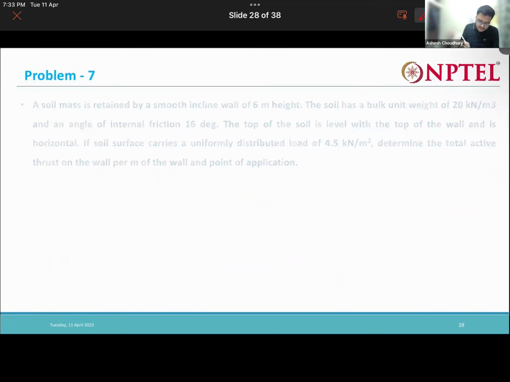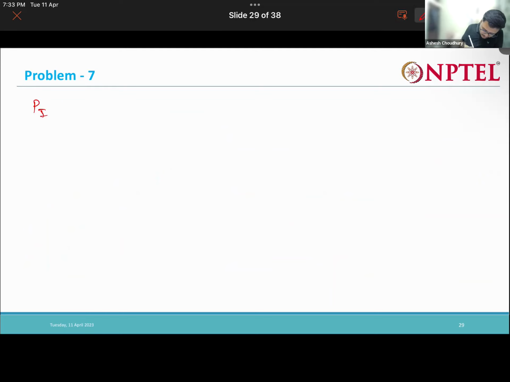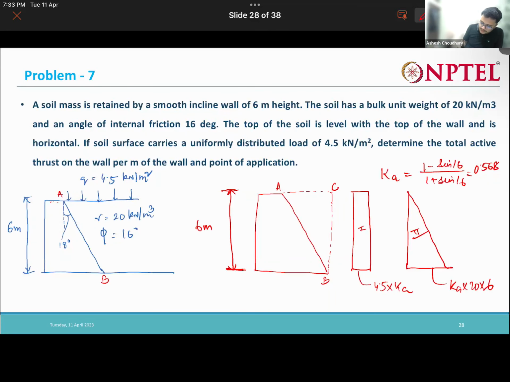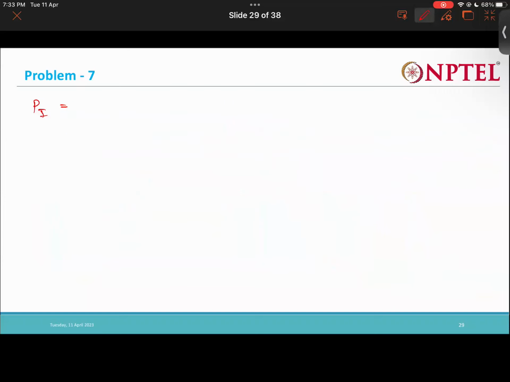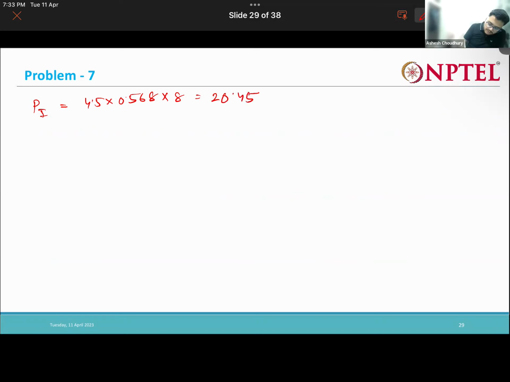Right. So let us find out P1. P1 will be 4.5 into 0.568 into 6, which is 15.33.